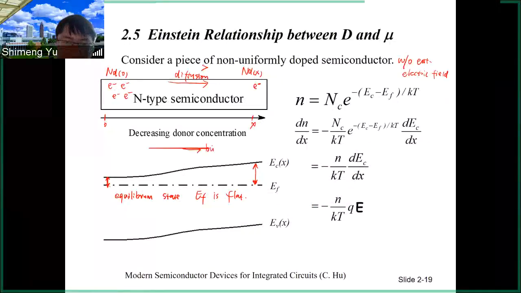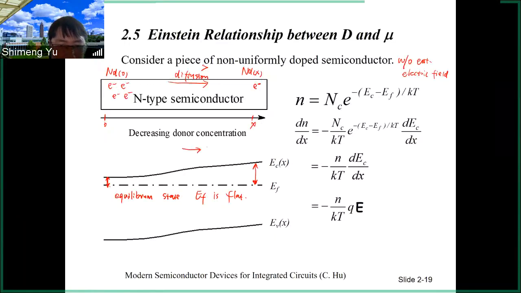This is a built-in electric field. This is not what you applied, because externally you apply 0 voltage. You don't have the field outside. But this is built-in electric field, because of the slope.